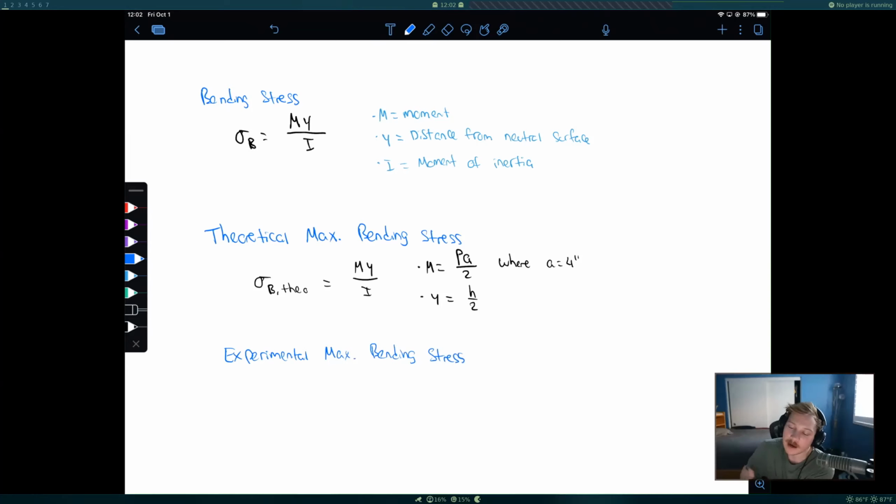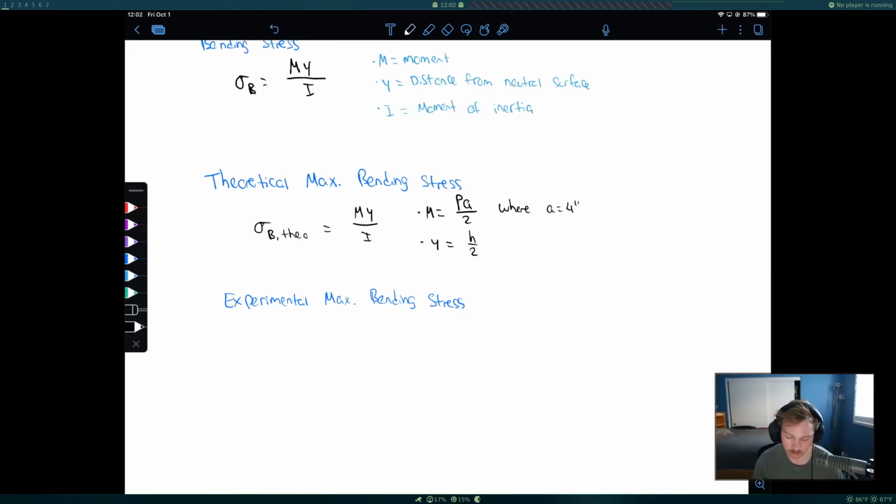Okay, so we have a strain gauge, remember? So we're using that to measure the strain on the bottom surface. So we can use Hooke's law again, because we're staying within the elastic range. And we can get sigma b experimental.